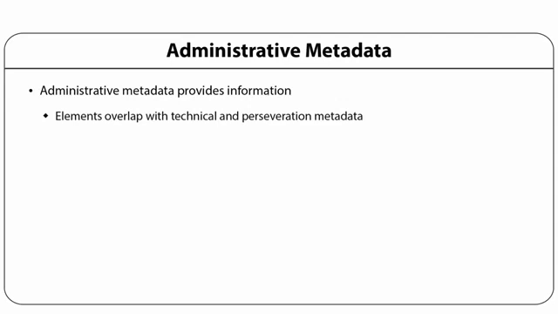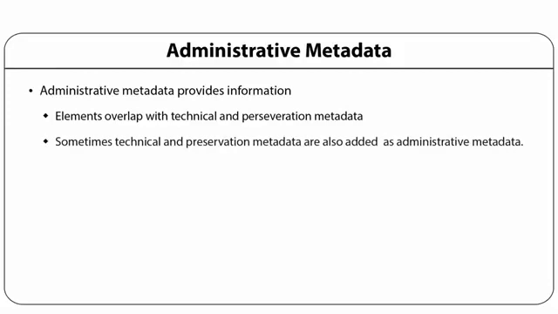Elements in administrative metadata can overlap with technical and preservation metadata. Sometimes technical and preservation metadata are also added as administrative metadata. Example, METS. METS includes technical and preservation metadata in its administrative metadata section.